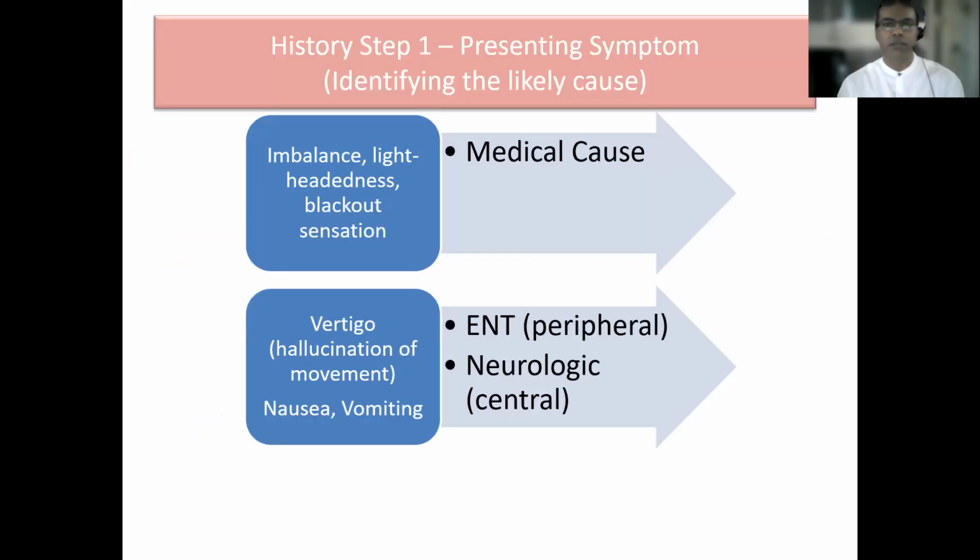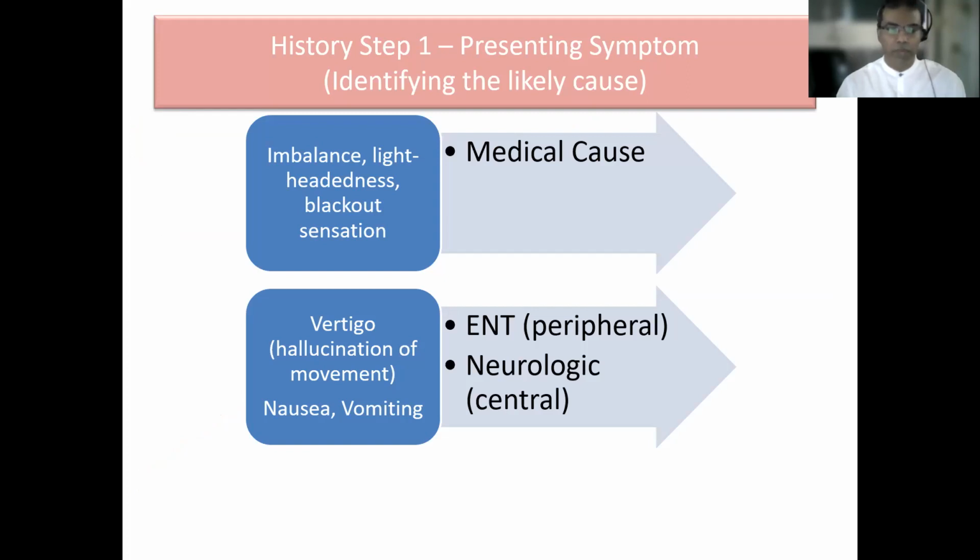Step number 2 is to identify the likely cause. Is it something central, or is it a medical problem? So if it's imbalance, lightheadedness, syncopal kind of attacks, then it points more towards a medical cause.